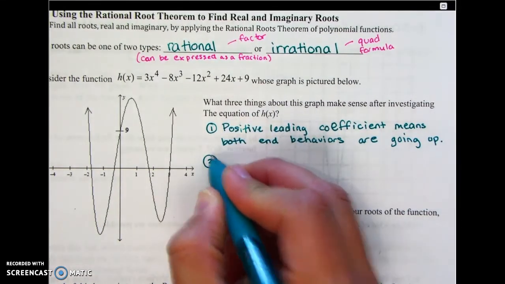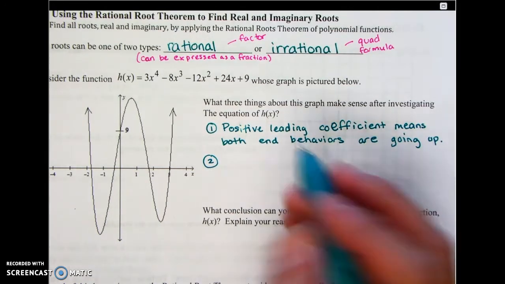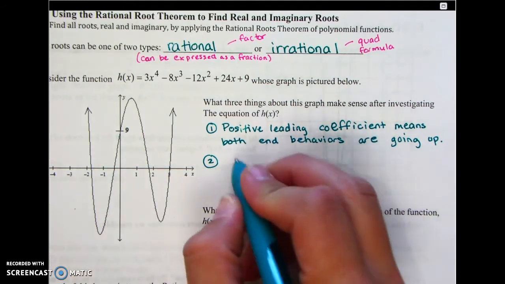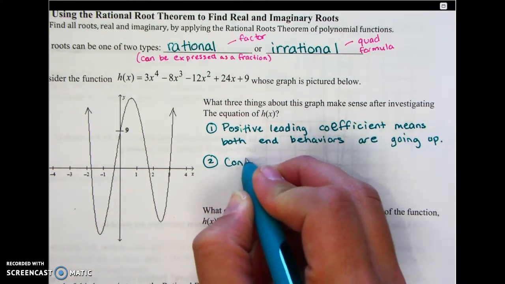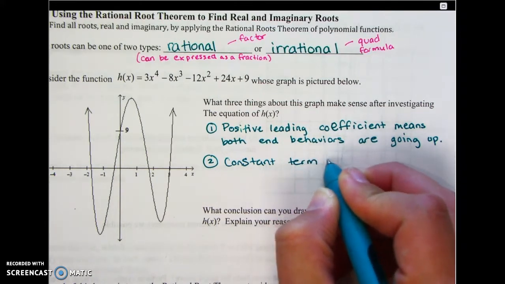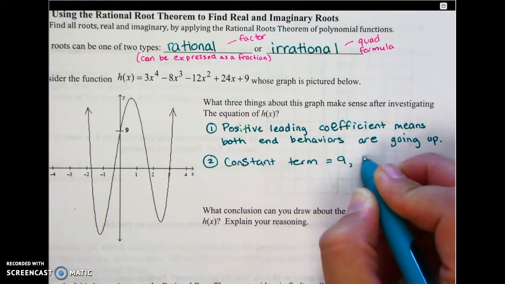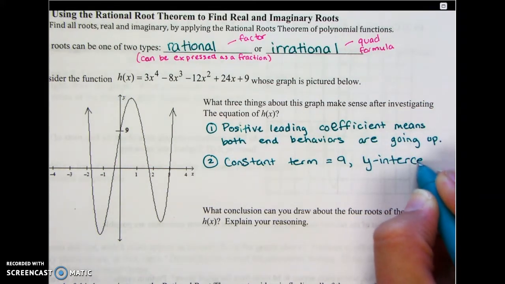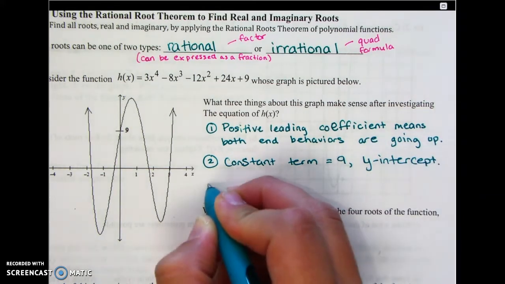So number 2, what's the other thing we found? The constant term is 9 and the y-intercept is 9. So the constant term at the end equals 9, which is the y-intercept on the graph. And what was the other thing I said?